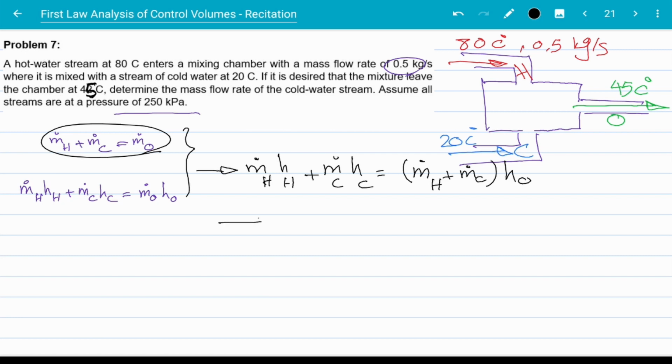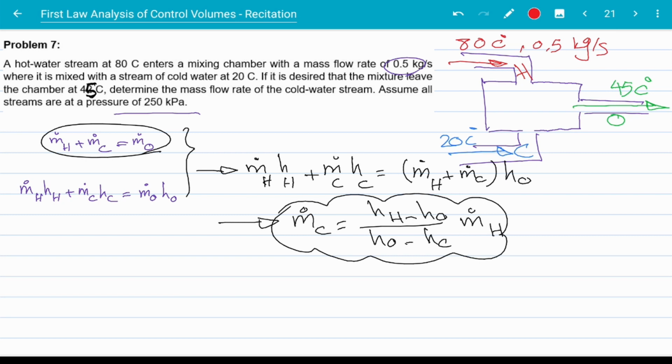Play with this equation a bit more, and you get that m dot cold is enthalpy hot minus enthalpy of the exit, over enthalpy exit minus enthalpy cold, times m dot h.